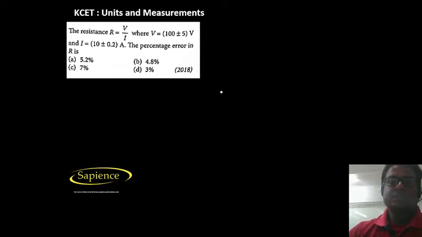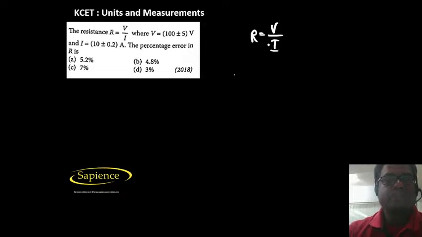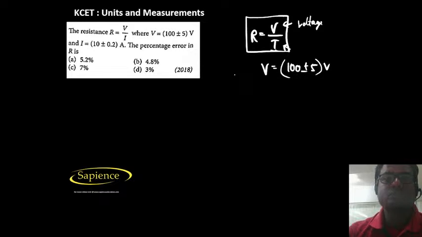Thank you. And then the resistance R, which is equal to V by I, where V equals 100 plus minus 5 volts. V is the potential difference or voltage, I is the electric current, and R is the resistance, so it is simply Ohm's law.